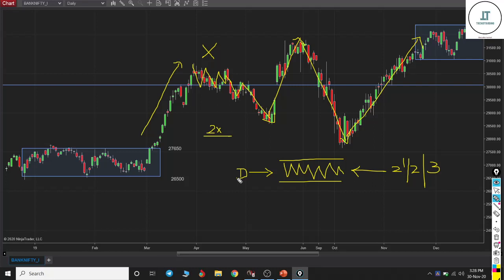So what info we are getting here is that the markup phase, which has moved the price towards the upside, was driven by buyers, strong buyers, or we can say momentum buyers or aggressive buyers. In class 2 I have discussed why price moves.